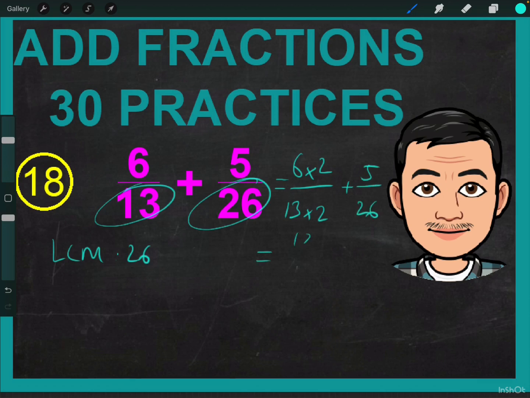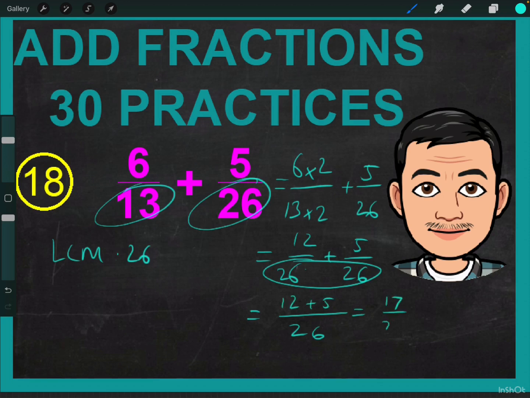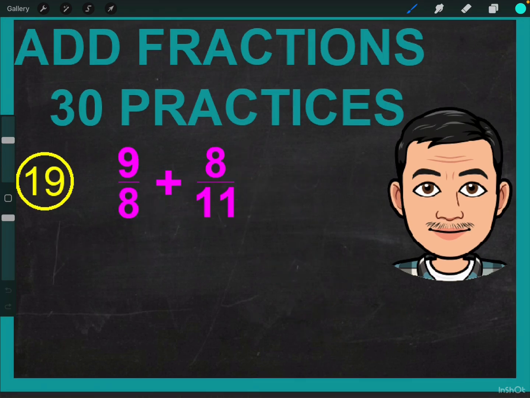So we got 12 over 26 add 5 over 26. Now the two fractions have the same denominator. All we need to do is add the two numerators, 12 add 5, and we got 17 over 26. That's the answer.